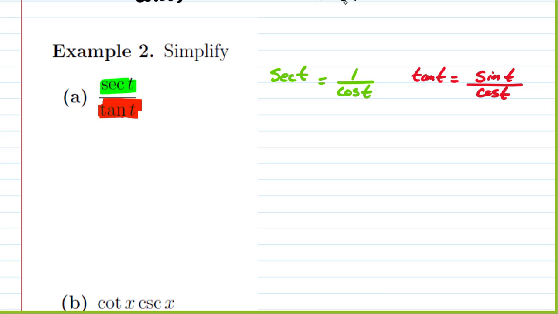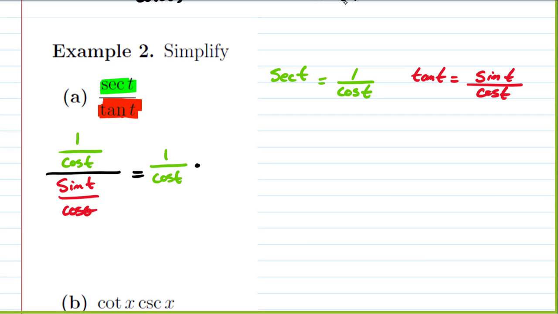So putting each of these into our expression, we have 1 over the cosine of t divided by sine t over cosine t. And if I have a fraction divided by a fraction, it's the same as multiplying by the reciprocal of the denominator. So 1 over cosine t times cosine t divided by sine t.